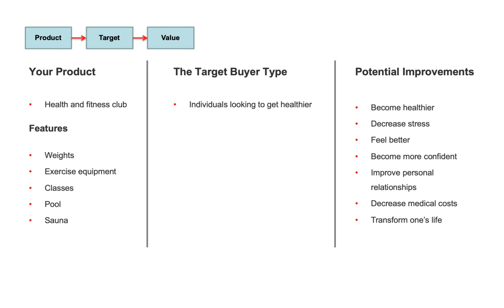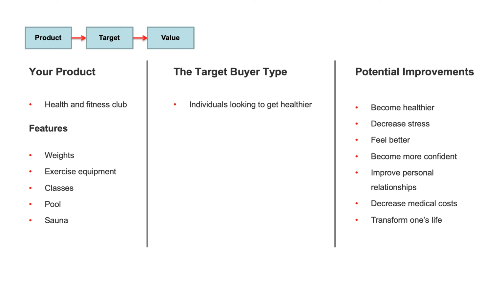Here's another example. What if we change from selling to individuals to selling the health and fitness club to businesses to offer as a benefit to their employees? Then the improvements totally change to something completely different. They change to helping small businesses to have a competitive benefits package, helping to improve recruitment of new employees, helping to improve retention, decrease turnover.